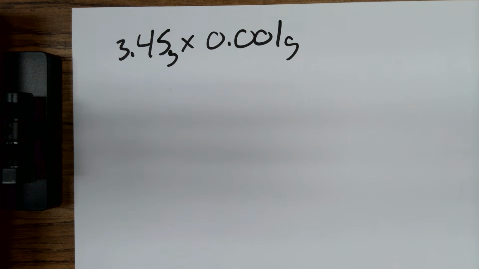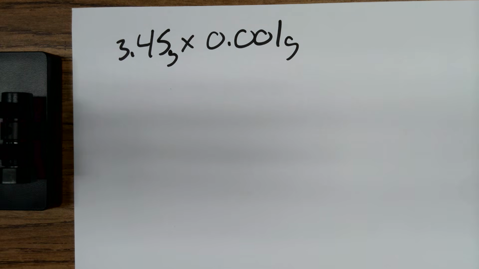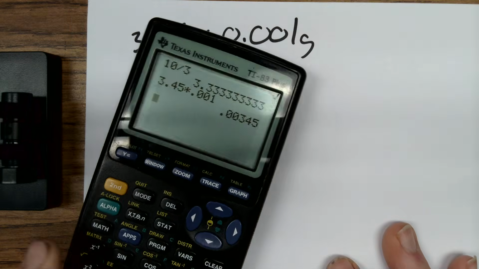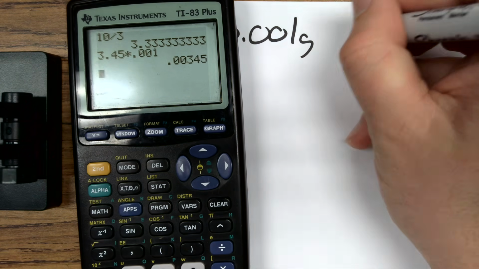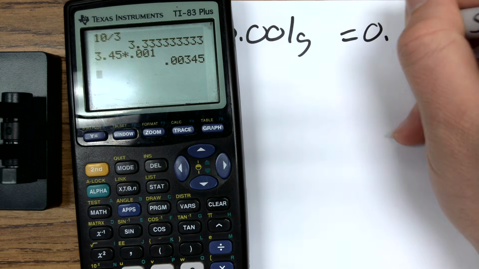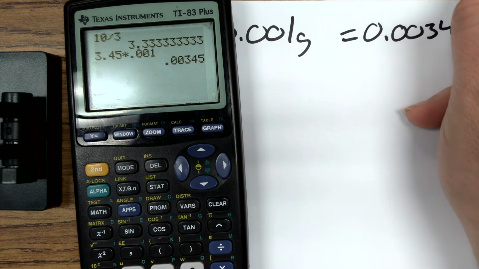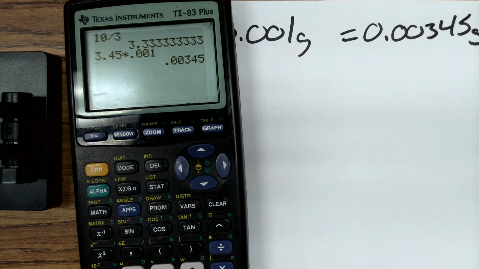We'll put that in a calculator, tell me what you get. What'd you get? 0.00345. So 0.00345 grams squared.